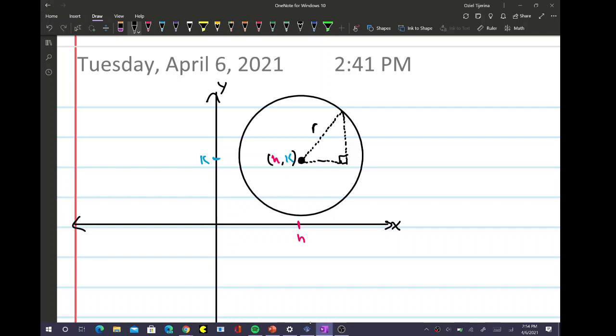And this part here, this dashed line, would be y minus k units. That would be the length of it, actually. Let me color code that a little bit. And then this one right here would be x minus h units, right?